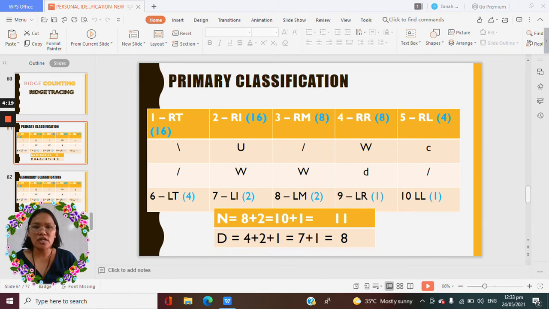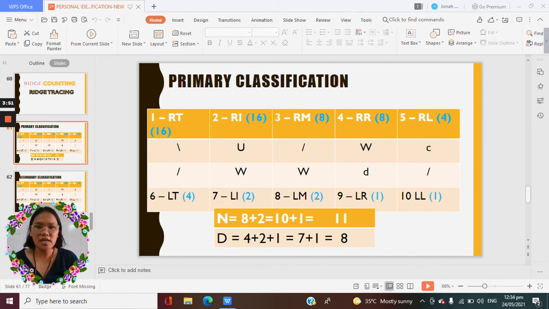In primary classification, you sum up the numerical values of the patterns belonging to the whorl family. Take note that in primary classification there is a minimum and maximum: the minimum primary is 1 over 1, and the maximum is 32 over 32.